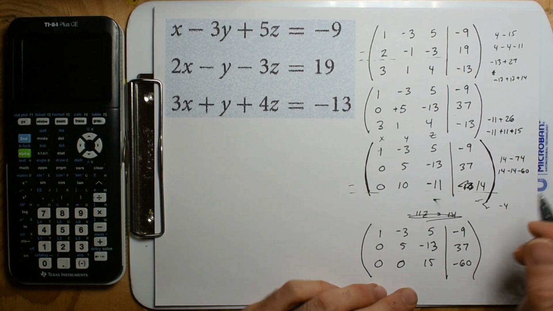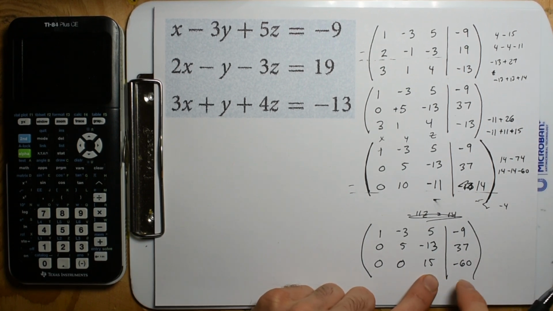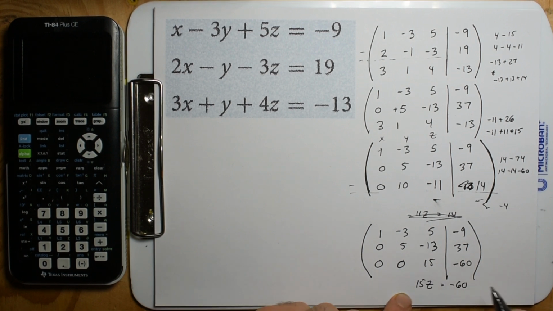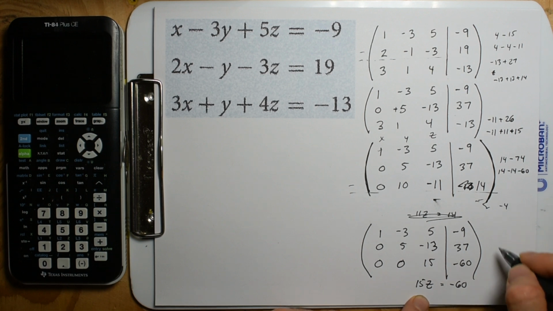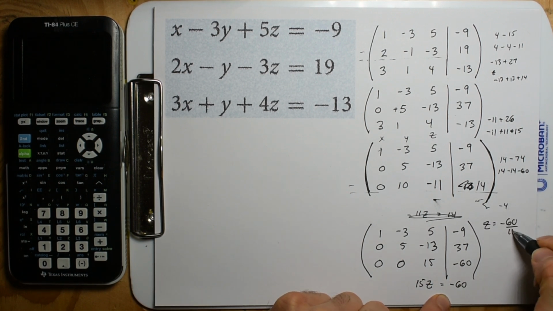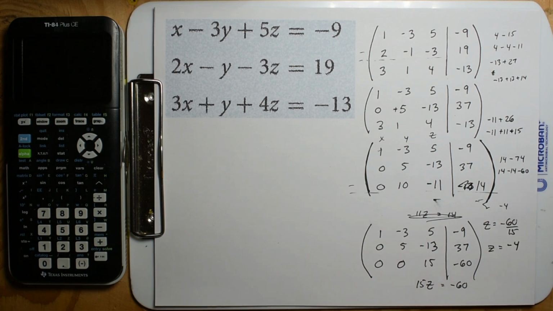Okay, so now again, this doesn't say that z is negative 60. This says that 15z is negative 60. So if I wanted to solve for z, it requires another step, but z is negative 60 divided by 15. z is negative 4. Cool.